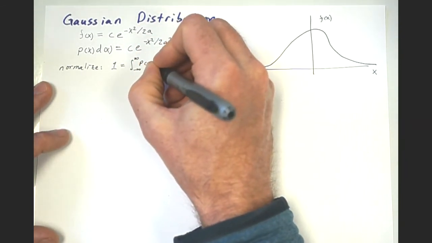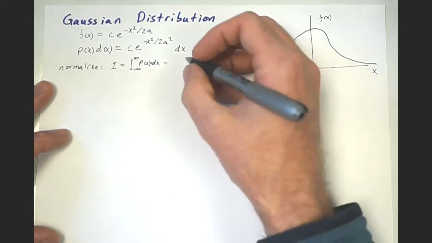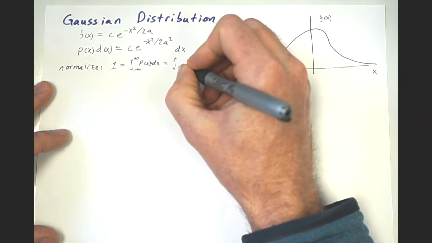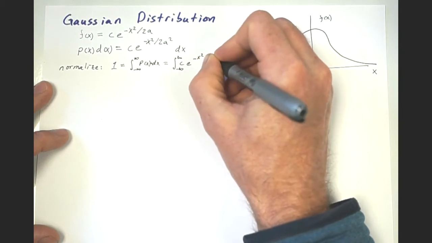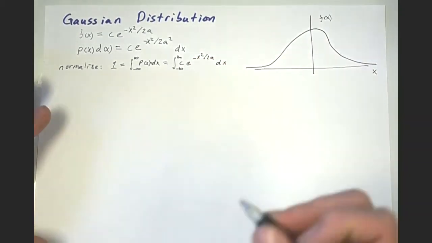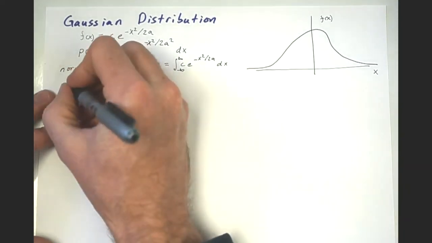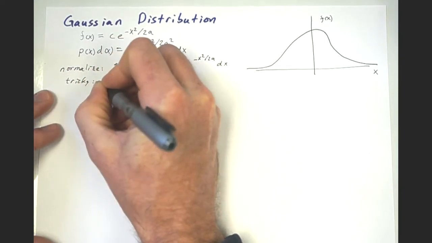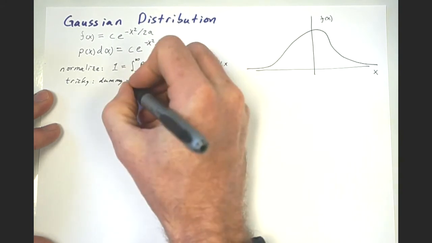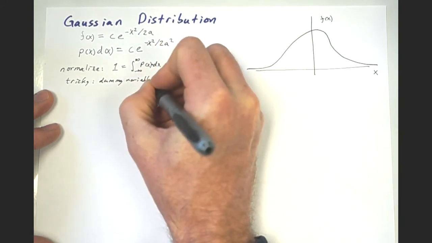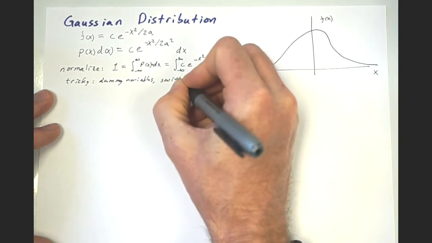So the probability, and we can substitute in our definition of a Gaussian. Now this integral itself, if we wanted to normalize this, is actually kind of tricky. It involves dummy variables, the way it's typically integrated. It actually typically involves a switch to polar coordinates.